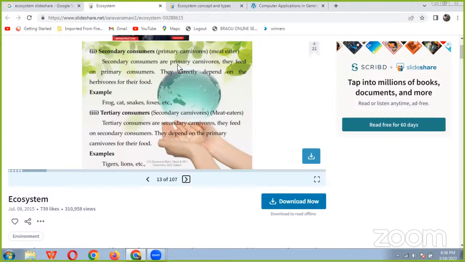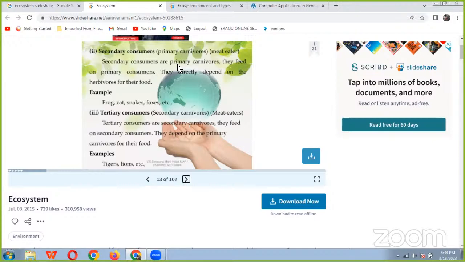They feed on primary consumers, directly depending on the herbivores for their food. For example, frog, cat, snakes, fox. These are the secondary consumers.